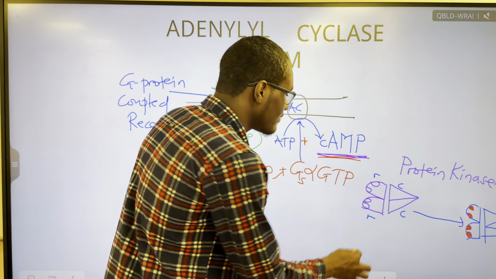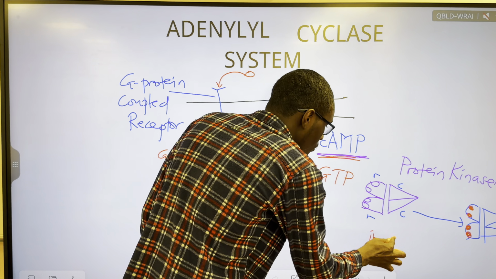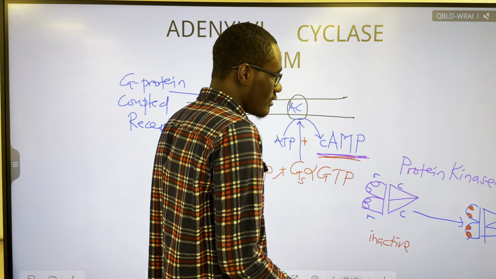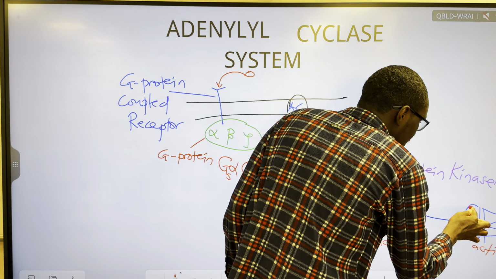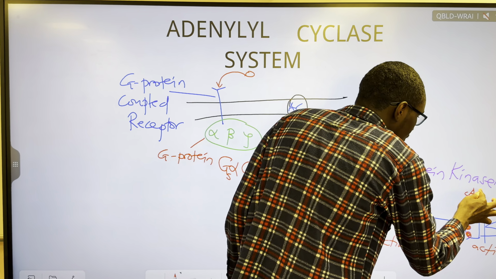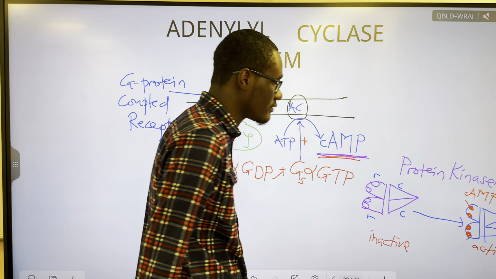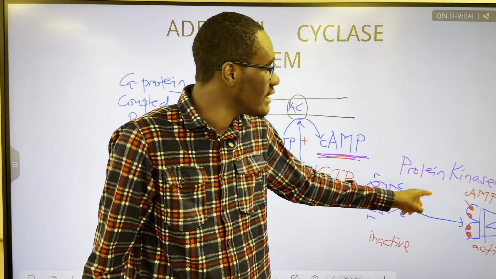So the inactive form without cAMP forms the active form with four molecules of cyclic adenosine monophosphate. It makes protein kinase A active.